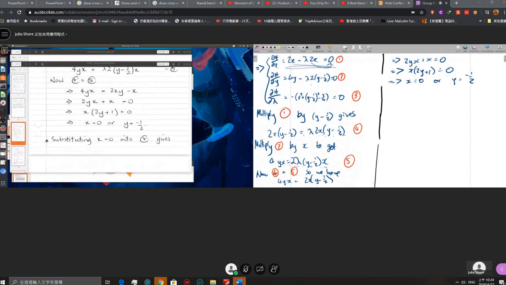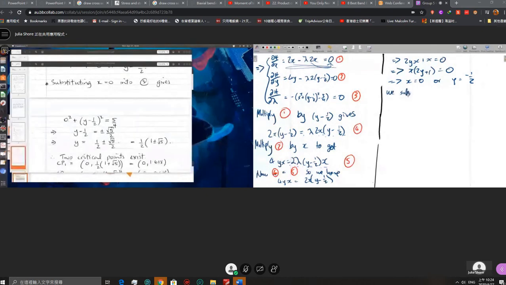Substitute x equals 0 into our equation 3 to get 0 squared plus y minus a half squared is equal to 5 on 4. So we've subbed it into this bit here to see what we get. And then what do we get from this one?